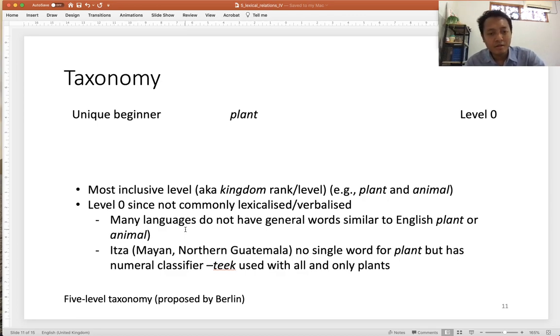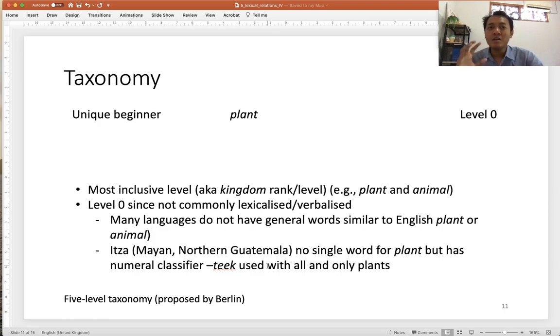Itza, for example, a Mayan language in northern Guatemala, has no single word for plant, but it has a numeral classifier, namely tick, that is used with all and only nouns that refer to plants. So no single word for referring to plants, but it has a classifier, a grammatical system that is used whenever it occurs with nouns that refer to plants.